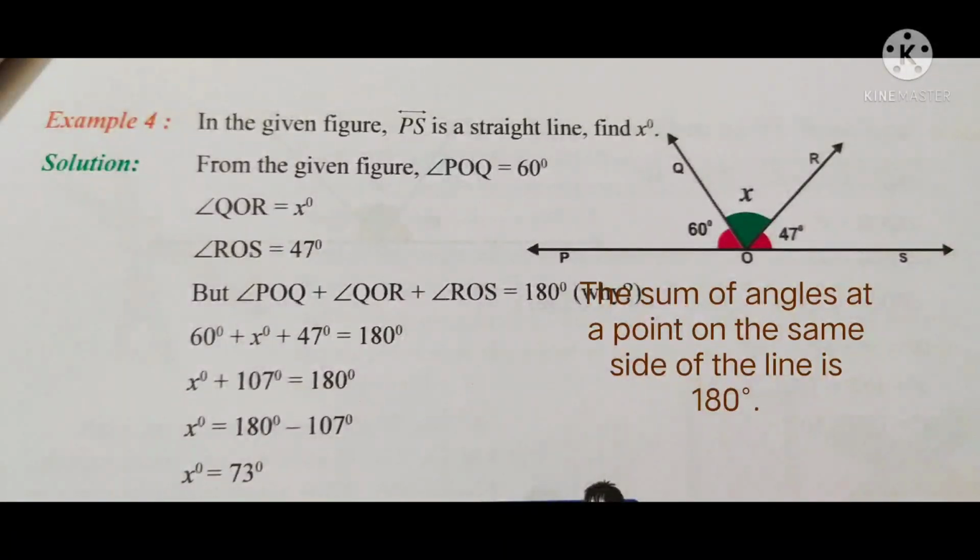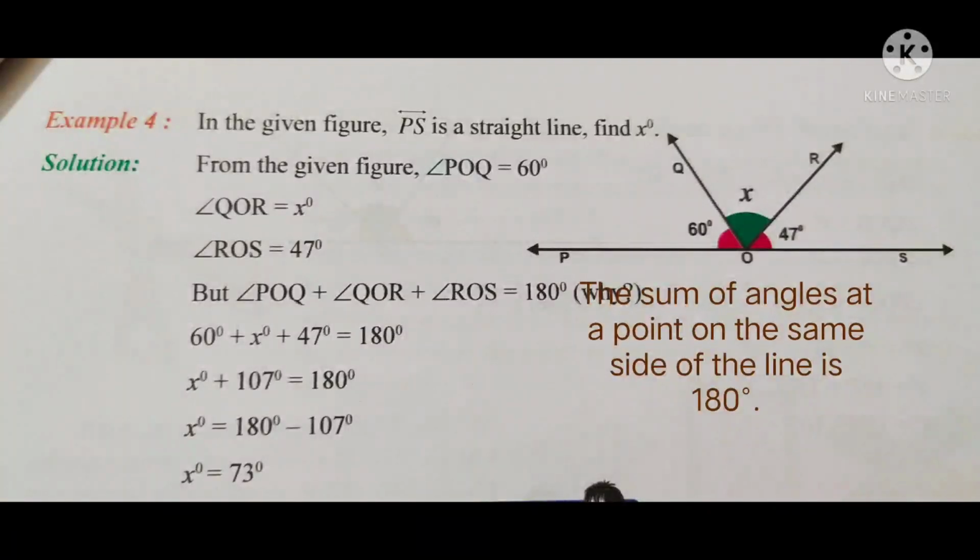Because the sum of angles at a point on the same side of the line is 180.